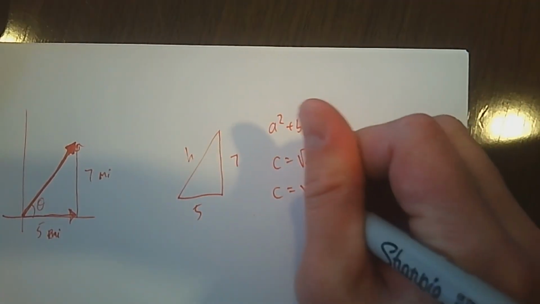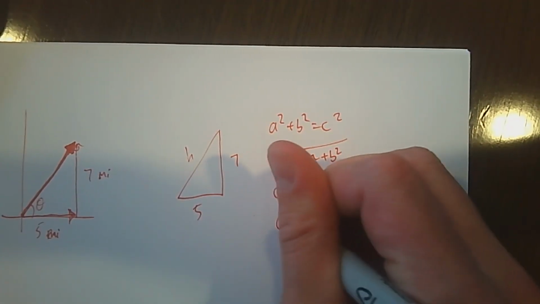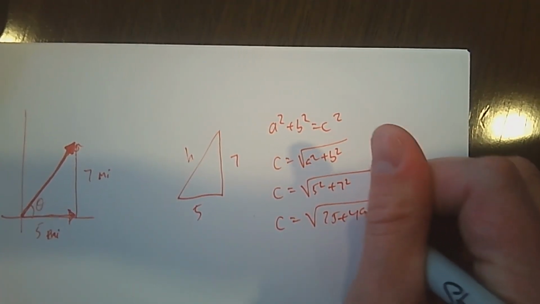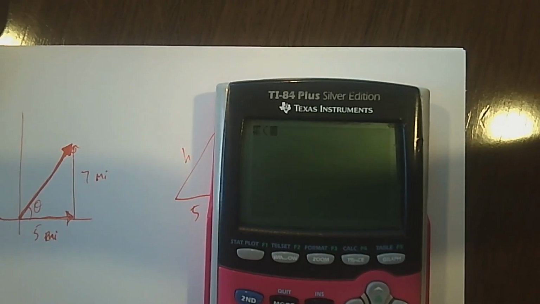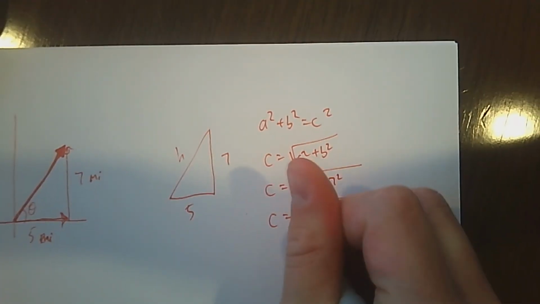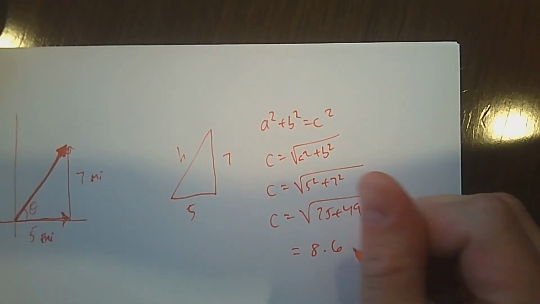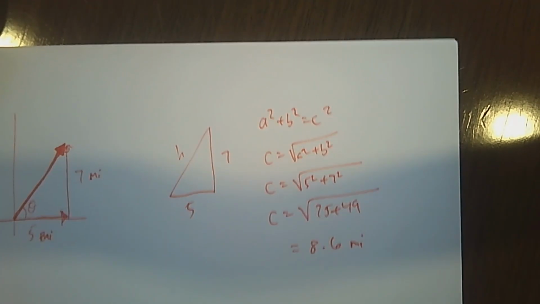That is the square root of 5 squared plus 7 squared, or the square root of 25 plus 49, which is 8.6. So 8.6 miles would be the magnitude of the displacement.